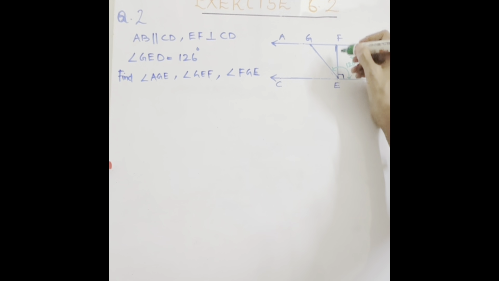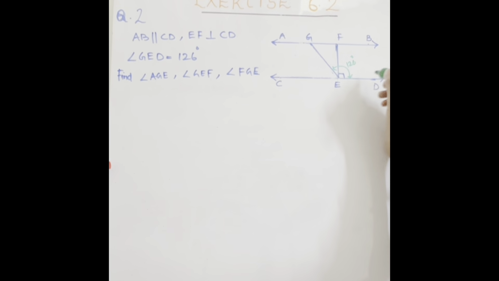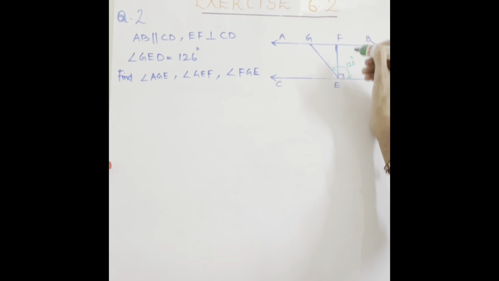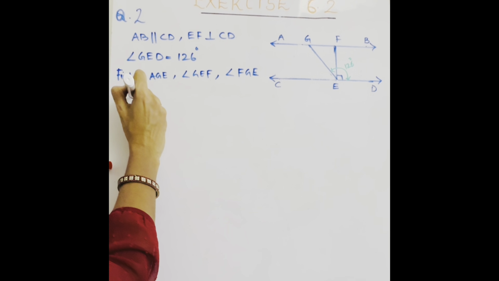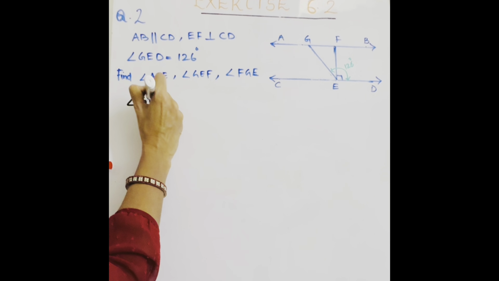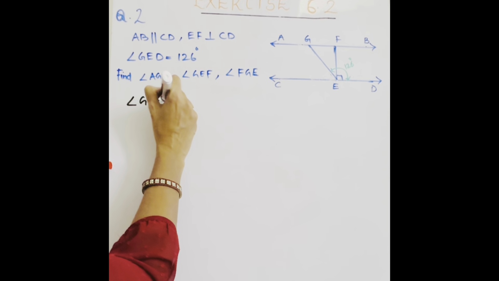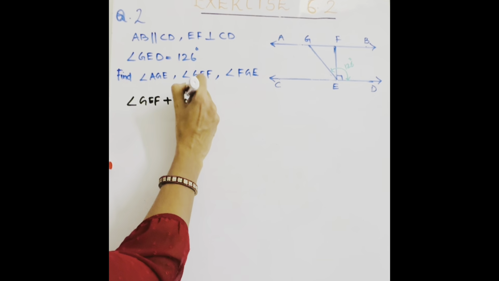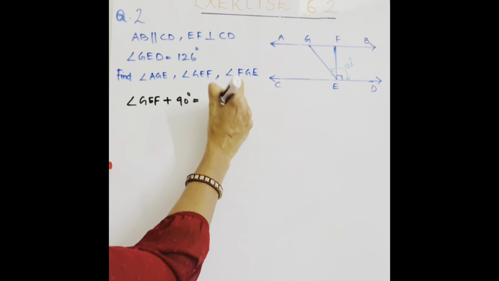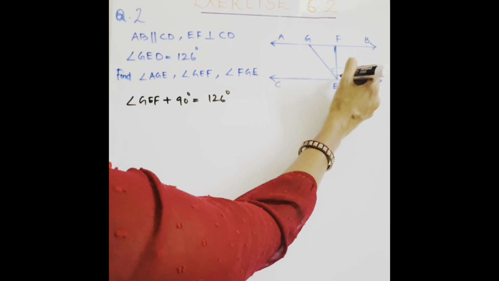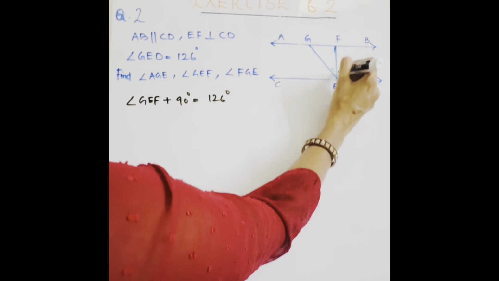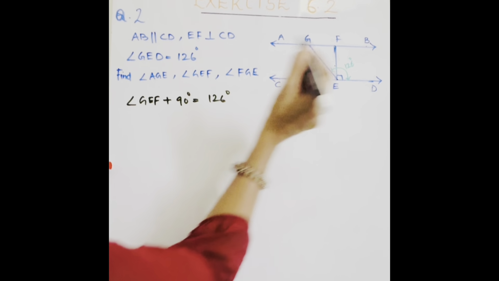You see EF is perpendicular to CD, so angle FED is 90 degrees. So we can write angle GEF plus 90 degrees is equal to 126 degrees. GEF, this angle, plus 90 degrees will give you 126 degrees.